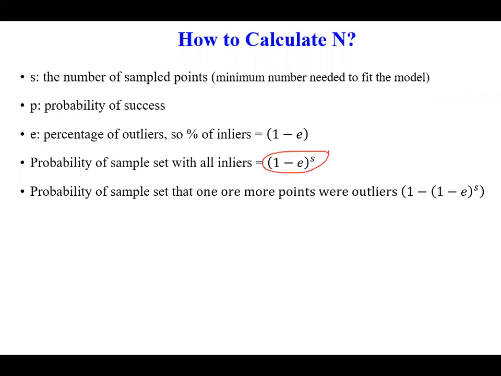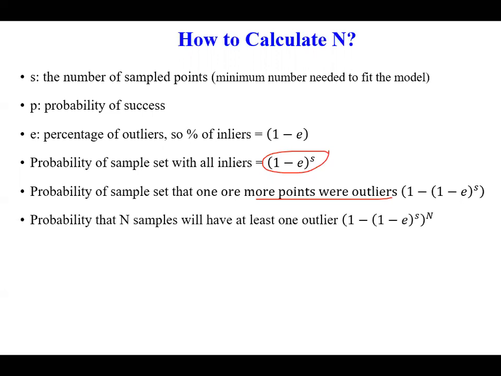If I have the probability for inliers, what will it be for outliers? 1 minus this, correct? 1 minus that. What is the probability that the N samples will all have at least one outlier? So I have this N iteration, at least one. All of this needs to be to the power of N because I would expect that this is independent. Yes, and the probability of independent events is just the multiplication of the probabilities. Correct?